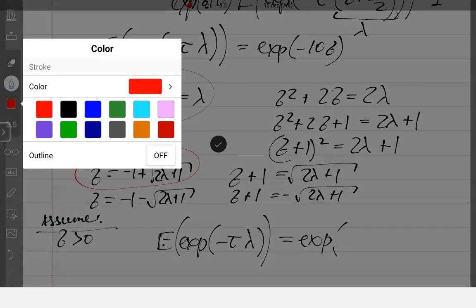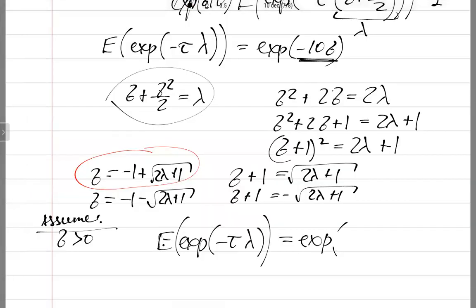I multiply it by 10 because I need to multiply it by minus 10, yeah? And it will give me 10 minus 10 square root of 2 lambda plus 1, okay? Clear?